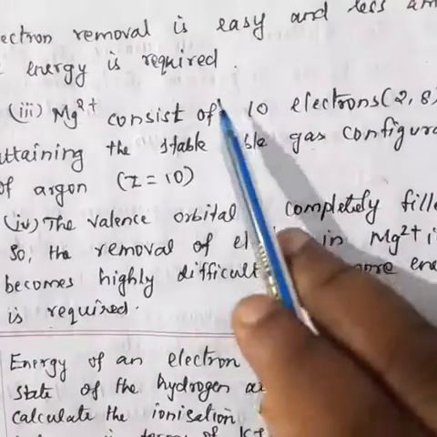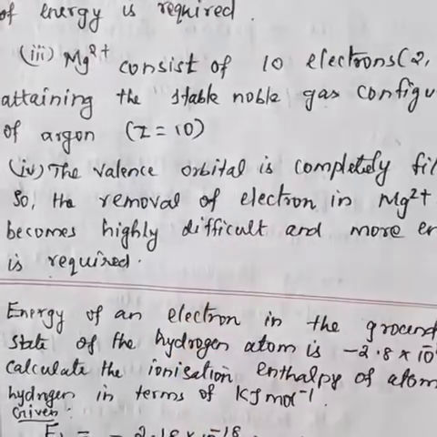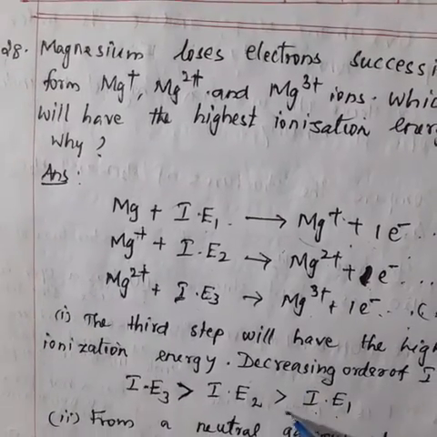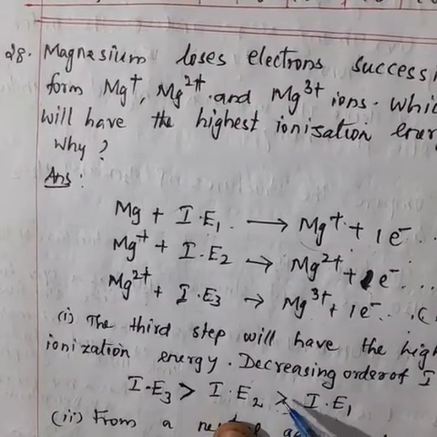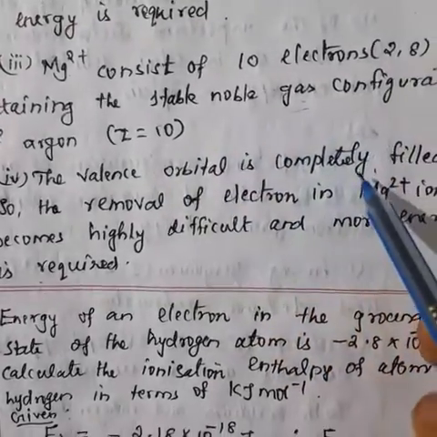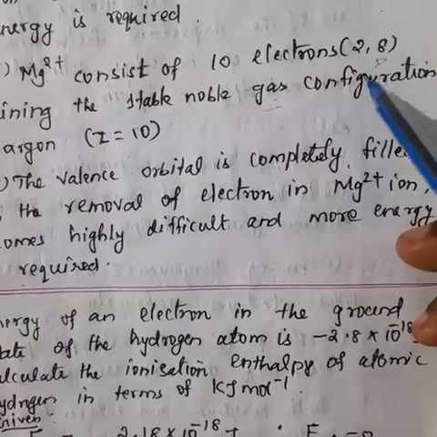When compared to the first ionization energy, a large amount of energy is needed. But in the second ionization, it gets the stable 2,8 configuration, the nearest noble gas configuration.